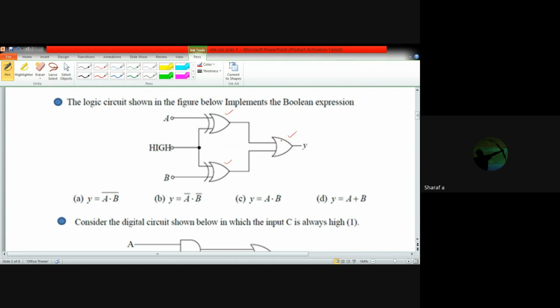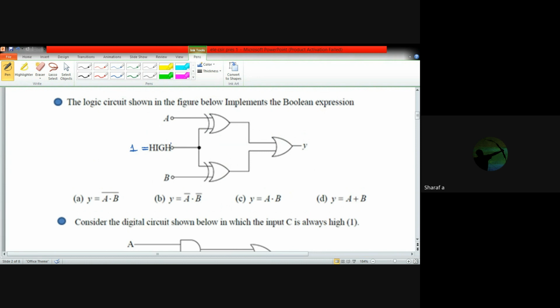So this is the first step. In all logic circuits, first you have to go through the circuit. When you consider this problem, you can see this line is always high. High means the logic is high, which means its binary value is 1.